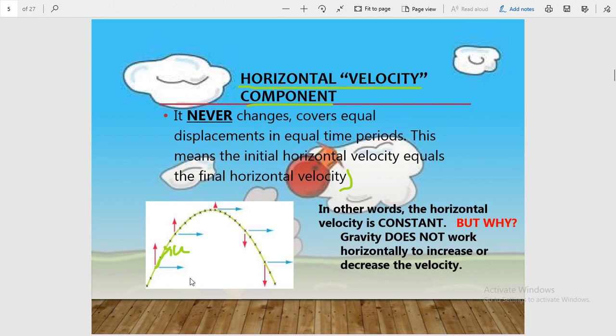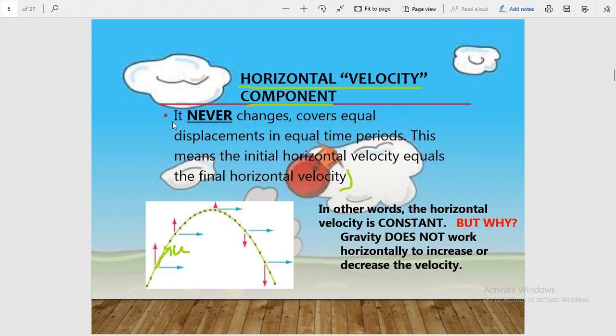But the horizontal component, represented by blue color, is of the same length. It means it does not change at any point throughout the motion. So the initial value of the horizontal component of velocity is equal to the final value of the horizontal component of velocity.